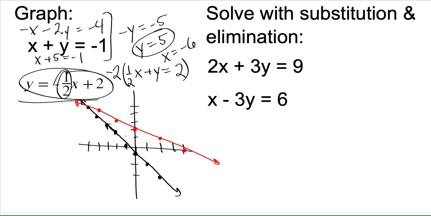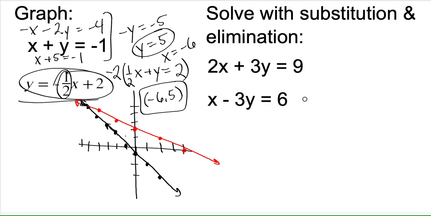So I should have a point at negative 6, 5. Which I was a little off with my graph here. But if you did that on graph paper, it would look a little bit better. So negative 6, 5 is your coordinate. If you're asked to do this graphically, you can also double check it like this, if you want to be sure and you're feeling more comfortable with your substitution or elimination stuff.